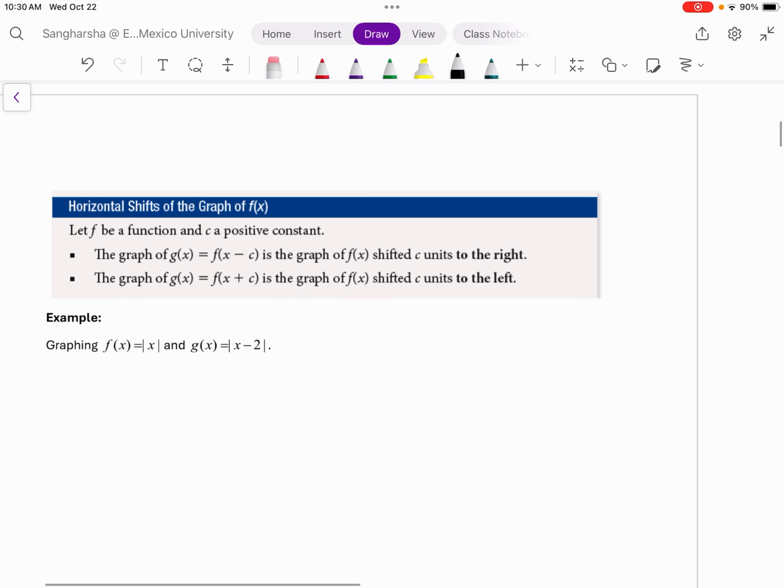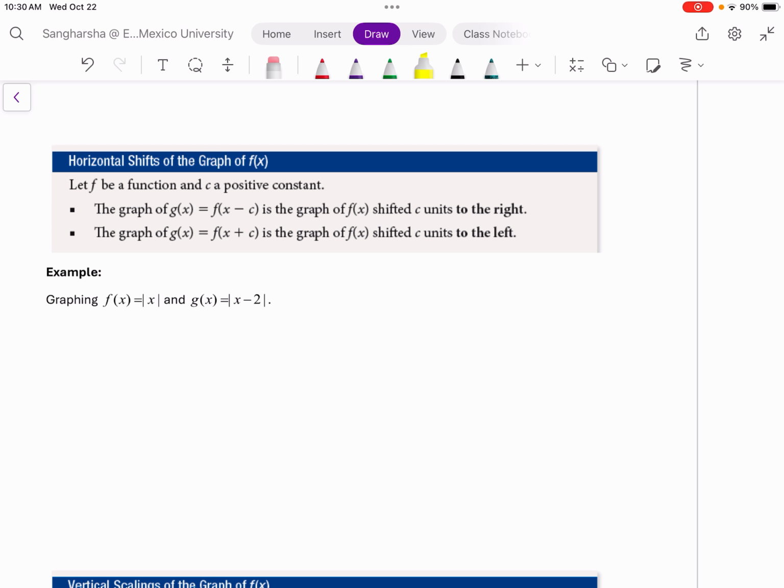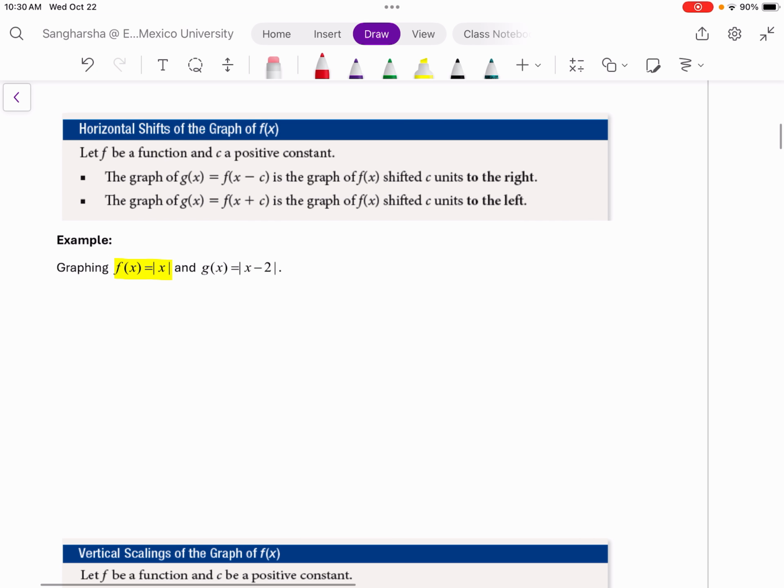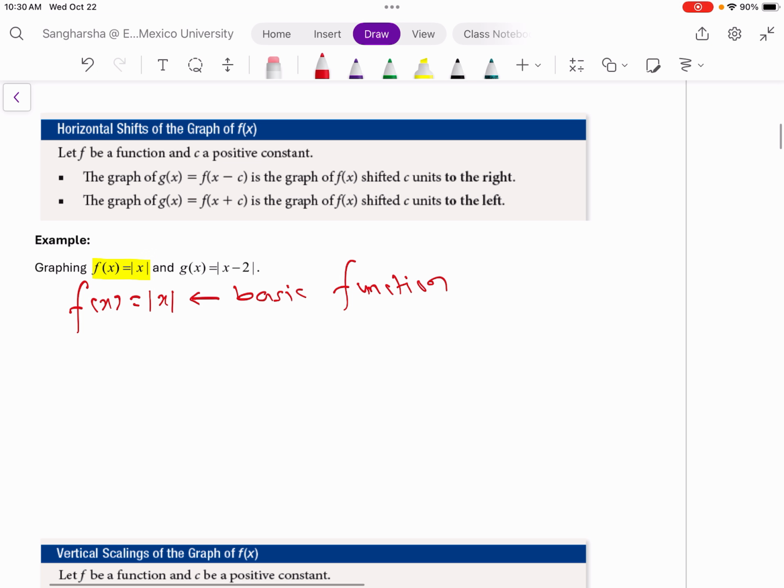So here, we have a function f of x equals absolute value of x. Same function. This is our basic function. Let's draw a graph of the basic function, and our target is drawing a graph of g of x.